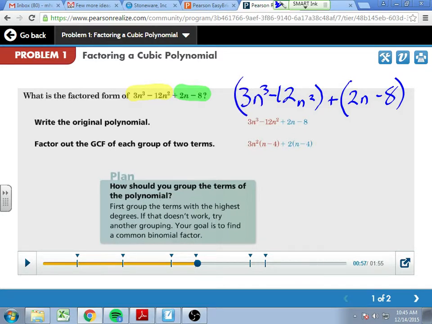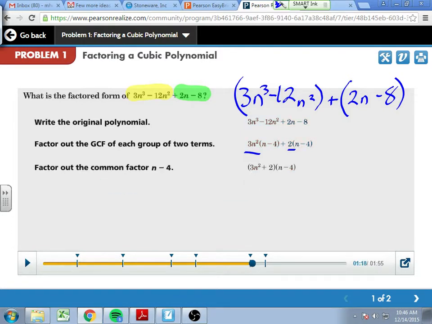3n cubed. Okay. So then, the n minus 4 and the n minus 4 is my common binomial. So those common factors that I factored out, I will use as a new binomial. So 3n squared and 2 both have to multiply by an n minus 4.